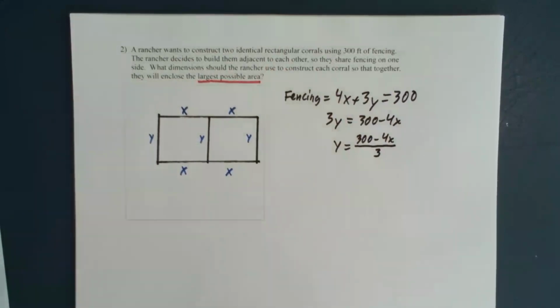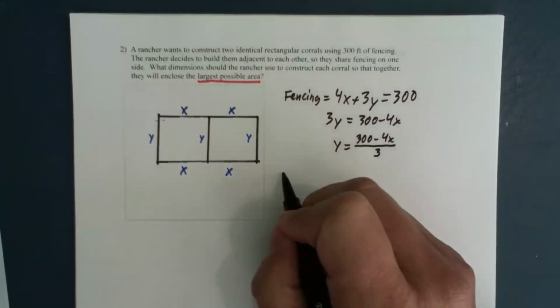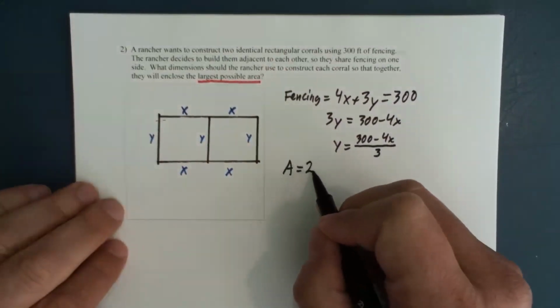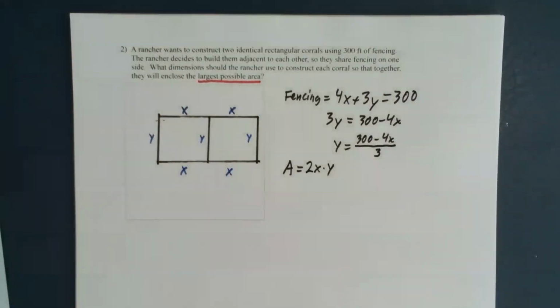Now the area is going to be length times width, which means our area is going to be 2X times Y, just Y. We're going to assume that the fencing doesn't take up any area. That's not very realistic. Of course, fencing does, but we're going to simplify it by doing this.